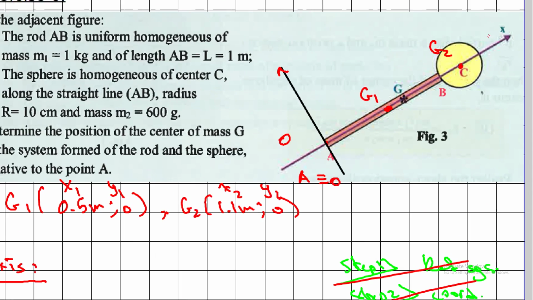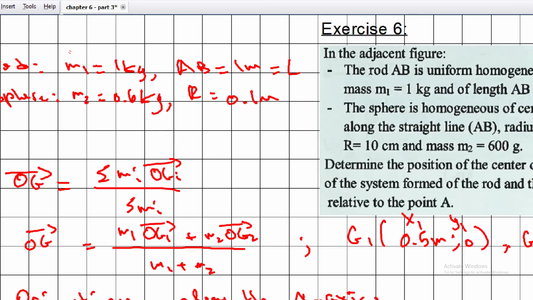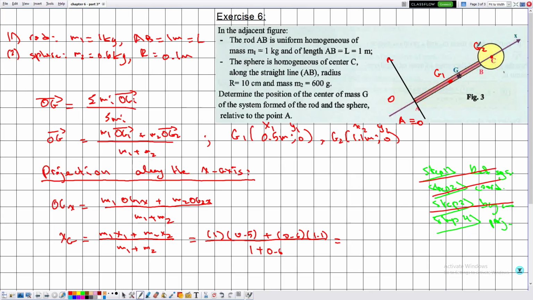Now notice that G1 is here and G2 is here, where we expect that the center of gravity must be located between G1 and G2, and it's shifted toward the heavier particle. So in this case, notice that this mass is greater than this mass, so it will be shifted toward G1.